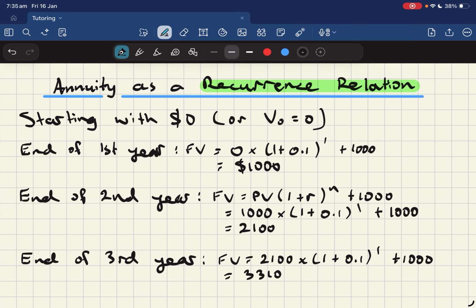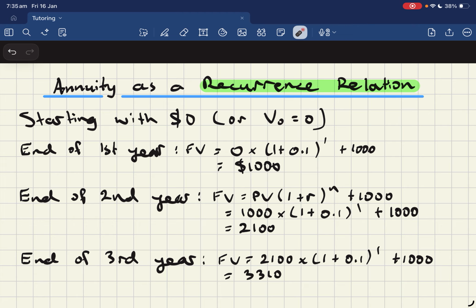We said that we had an investment, and at the end of every year, we contribute $1,000 to it. So we basically started with $0. So we can think of our value, that's what this V means, value at 0 years to be $0, right? We said that this had an interest rate of 10%, and we're going to contribute $1,000 at the end of every year. So we can think of V0 as being 0.